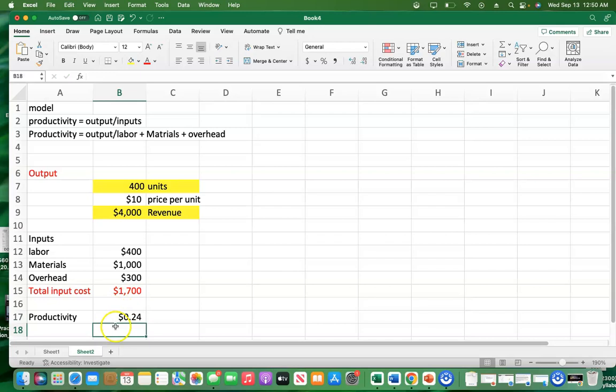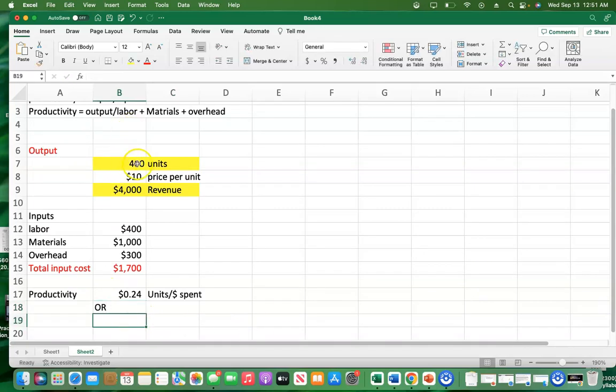And in this case, we'll get 0.24, and this we can express as units per dollar spent. So if we spent $1 in terms of the inputs, we will get 0.24 units.